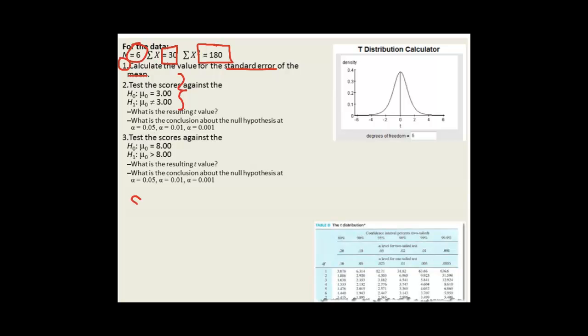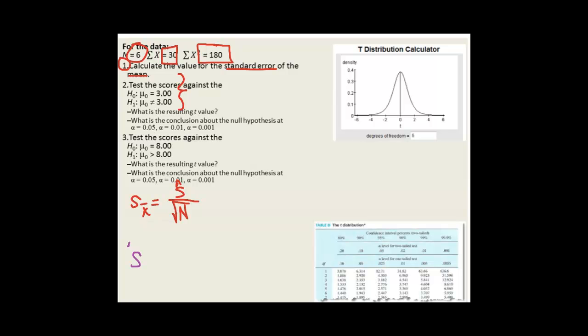Now the standard error of the mean is s sub x bar, and you calculate that using s hat, the predicted standard deviation, over the square root of n, the sample size. So n I know is 6, but s hat I don't have. I do have the information I need to find it though.